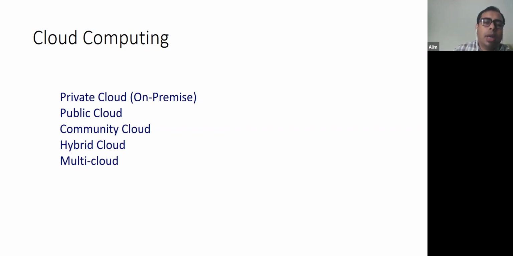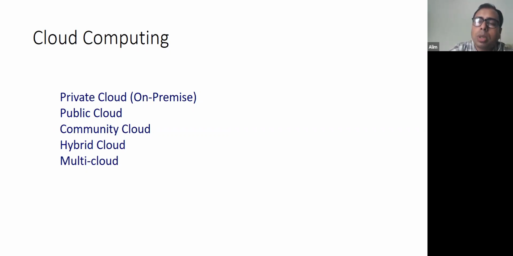And there is hybrid. Hybrid can be when you have a data center and you have cloud also, and you are using them in combination. Then it is called hybrid cloud. And then you can have multi-cloud. Multi-cloud is using several clouds.